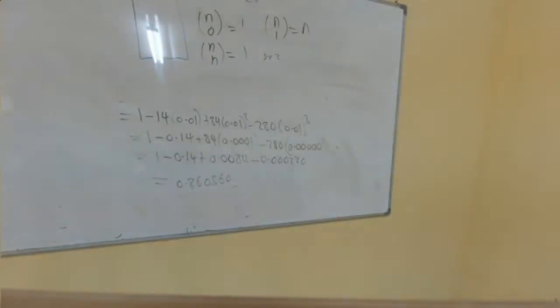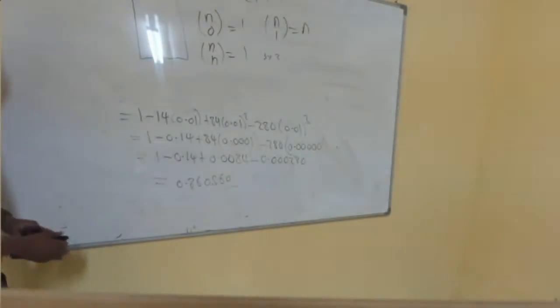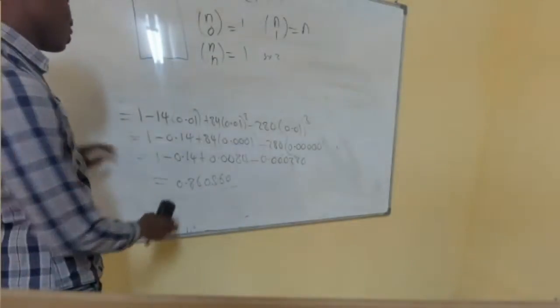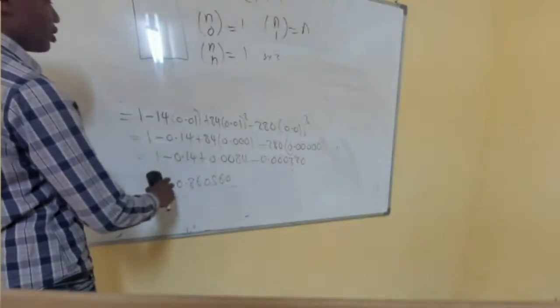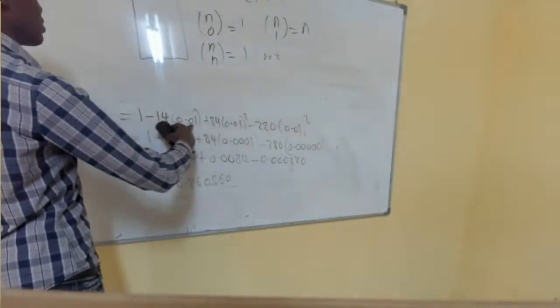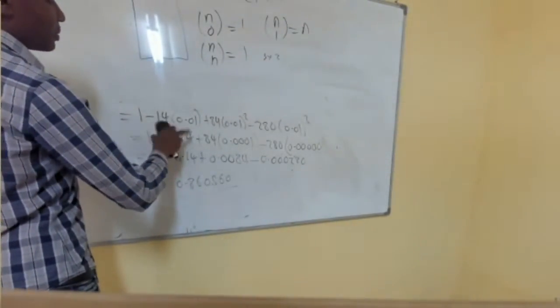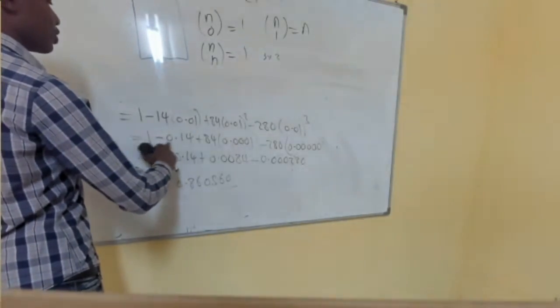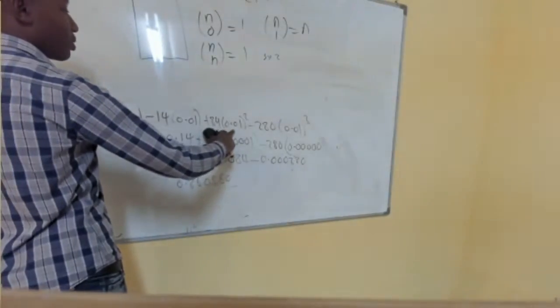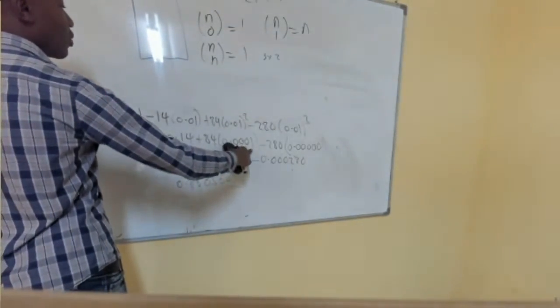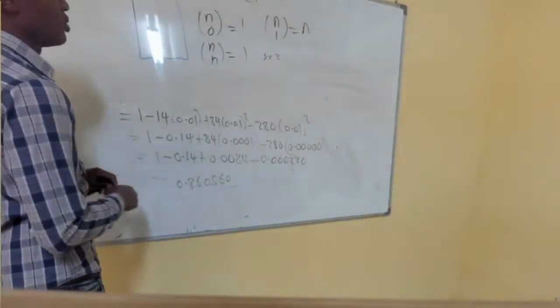To find the final value here, we simply replace. So 14 multiplied by this is simply 0.14. Okay, this is 0.00014. How did we get there?